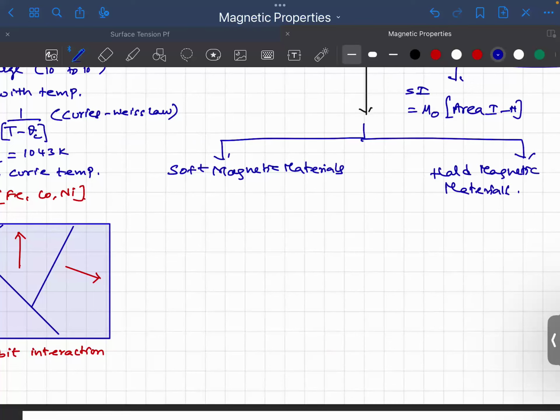So what is their identity? Soft magnetic materials have low retentivity, low coercivity, and small hysteresis loss.